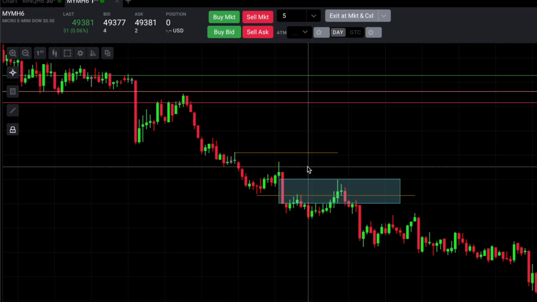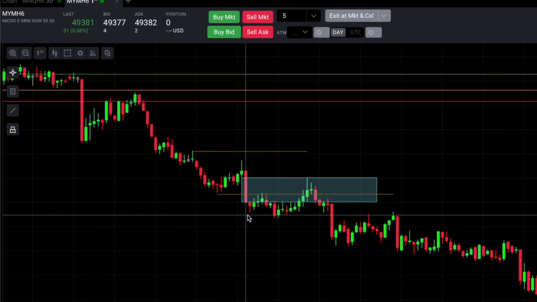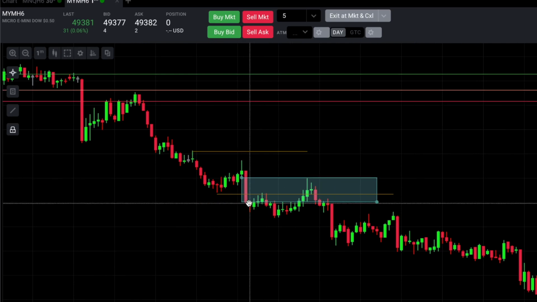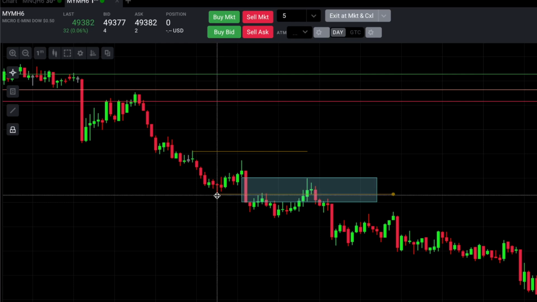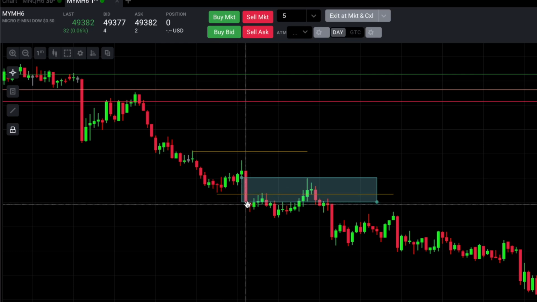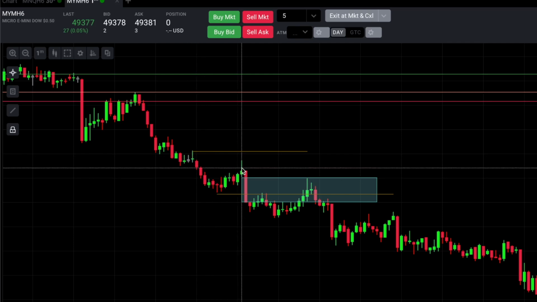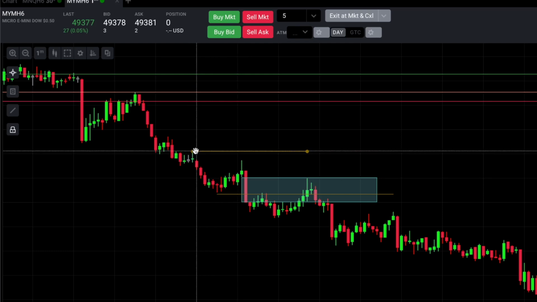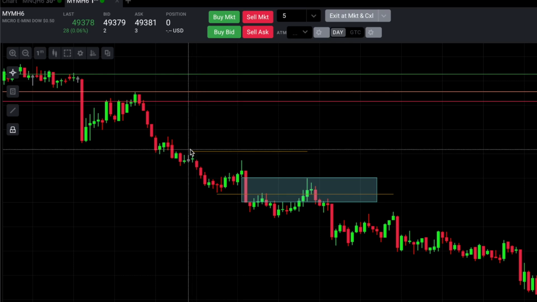We had these lower lows form, lower highs. I eventually saw, as I was pulling up to the markets this morning, that we had this lower low form. And in this lower low that previously broke our previous lower low right here, I saw that price had made this fair value gap. Now it's important when you guys are looking at these lower lows and lower highs, two things. First off, if I have a previous lower high like this one, I don't want my next lower high to go higher than that previous lower high.